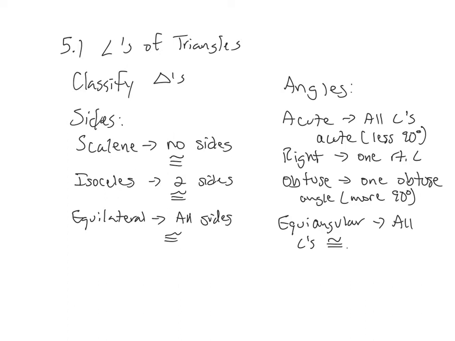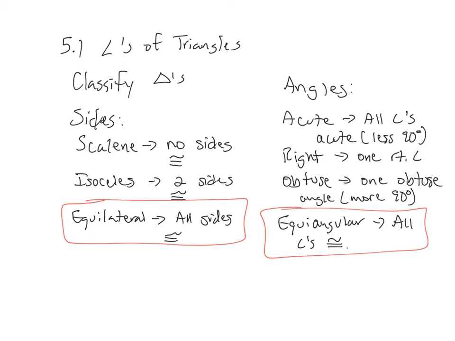I will tell you this: if all the sides are the same, then all the angles are the same, and vice versa. Equilateral and equiangular go together. They don't go with any of the other words.